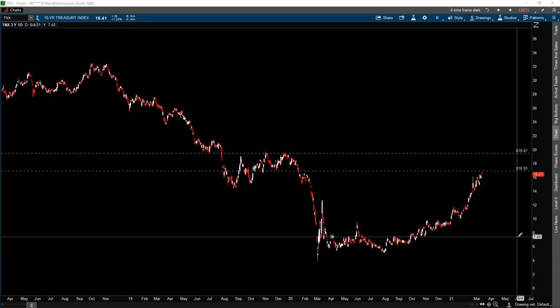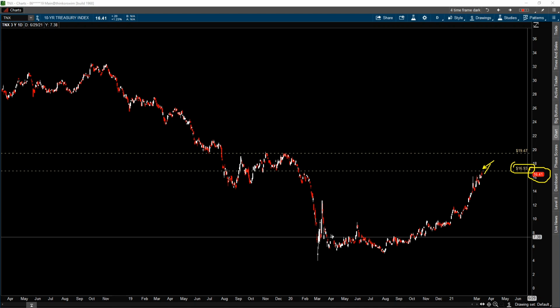Here we are looking at the 10-year yield chart, the 10-year Treasury index. You can see today it's sitting at 1.641. You have to move the decimal point one place to the left to get the percentage. And we can see that there is a little bit of resistance up here at 16.93, at 1.69.